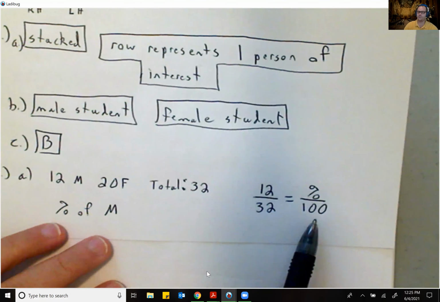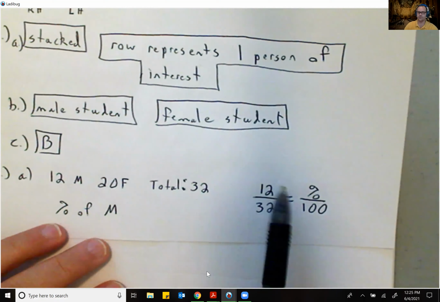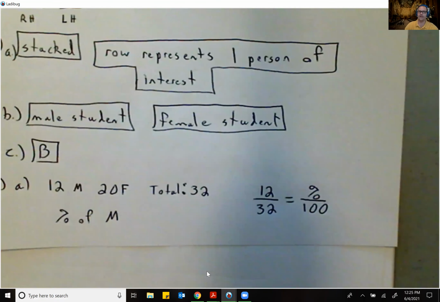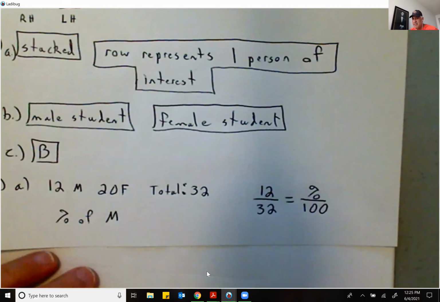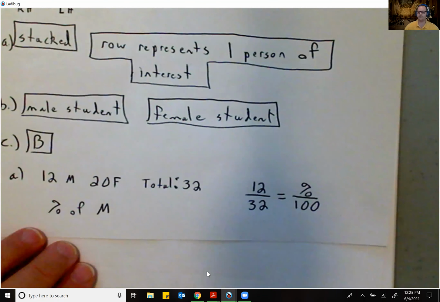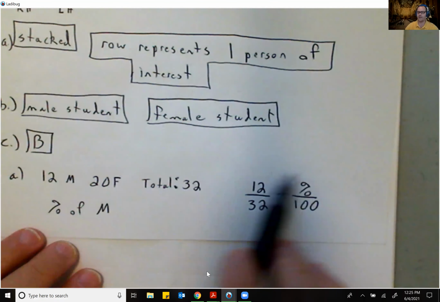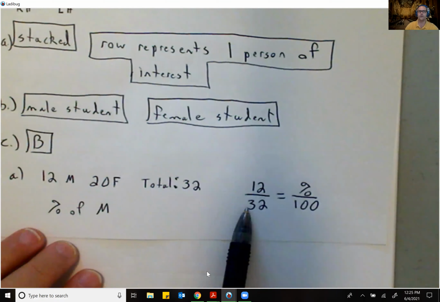But yes, we could divide the 12 by the 32. And then what are you going to do with that answer? Multiply by 100, which is the same thing that would happen when you cross multiply over here and get to the answer.